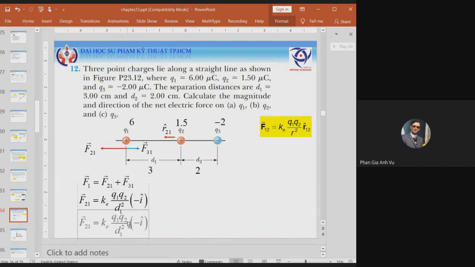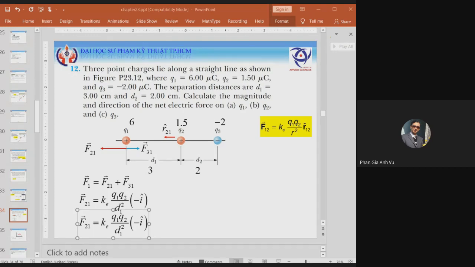Again, I copy it for the force 31. I'll just change the 2 with the 3, and here 3. The distance between the Q3 to the Q1 is D1 plus D2.